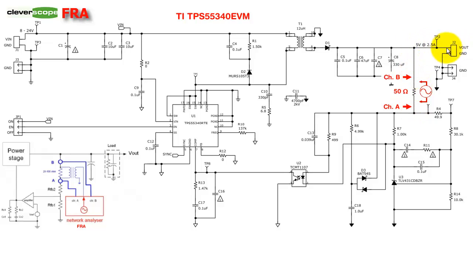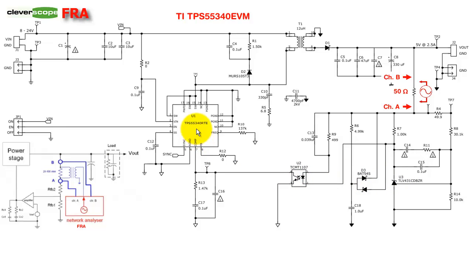Here's the output voltage, and it is very low impedance. It's got all these big capacitors here. There's a small value resistor, 50 ohms, which then is in series with the remaining feedback attenuator. The feedback attenuator uses this device to send the difference between the feedback value and the reference value across this opto-isolator to this controller.